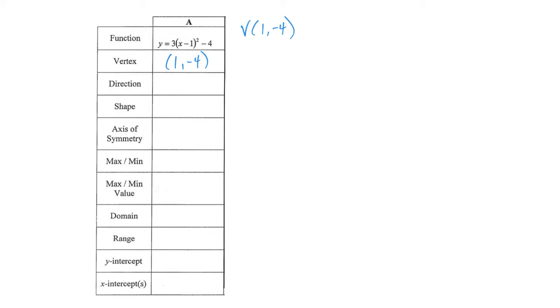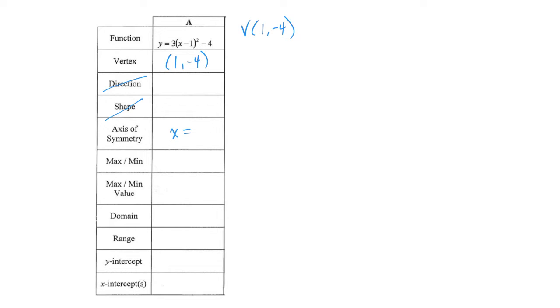Well, my vertex doesn't tell me anything about the direction. It doesn't tell me anything about the shape. It does give me information about my axis of symmetry. And I know that my axis of symmetry is a vertical line, so it starts with x equals. You must have x equals.